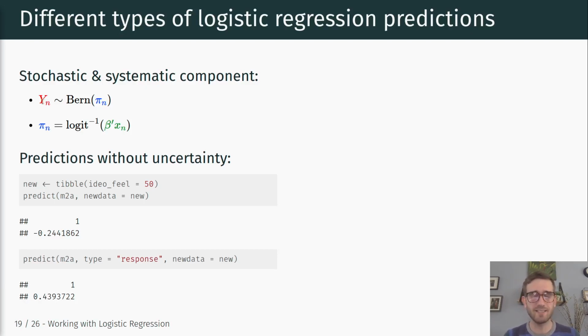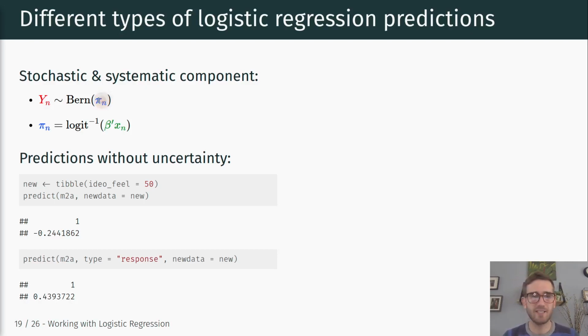So y n, that's our dichotomous outcome variable that is either 0 or 1, right? And based on the fact that this is dichotomous, either 0 or 1, we usually think of this as a Bernoulli trial. Remember, a Bernoulli trial is just a simple coin flip with some success probability, the probability of observing a 1 rather than a 0, okay?